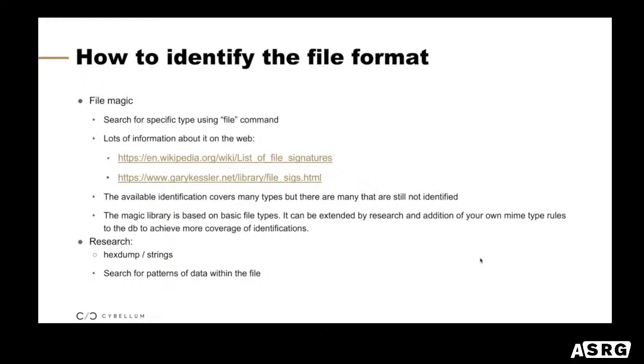Note that obviously the format at hand might be a different one, and the default magic library covers basic file types, and you can extend that and add your own MIME types to this database to cover more identifications. You can investigate the file using hex dump or strings commands to look at patterns in the file or any strings that might hint to the actual format.